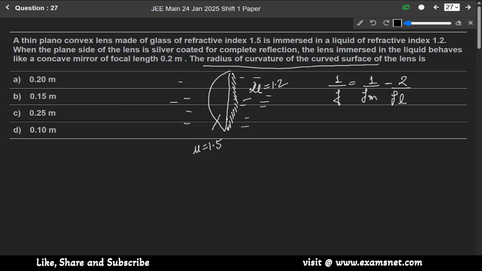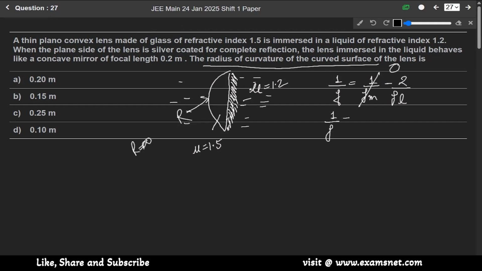Since this side is silver coated and it is behaving like a concave mirror, for this the radius of curvature is r, and for the other side the radius of curvature will be infinity, so that part will be equal to 0.